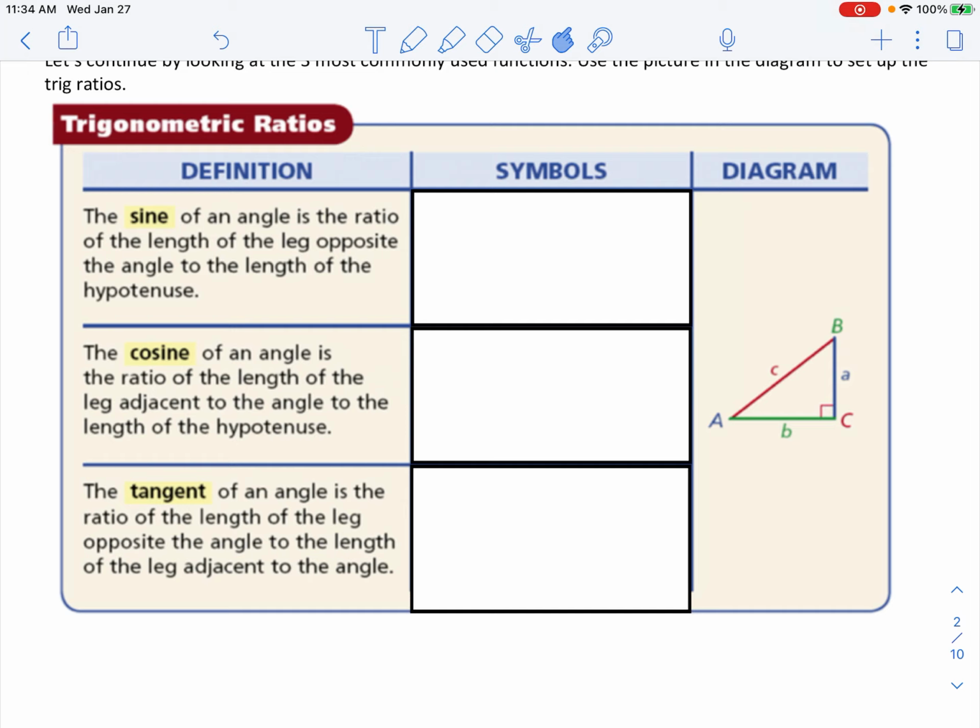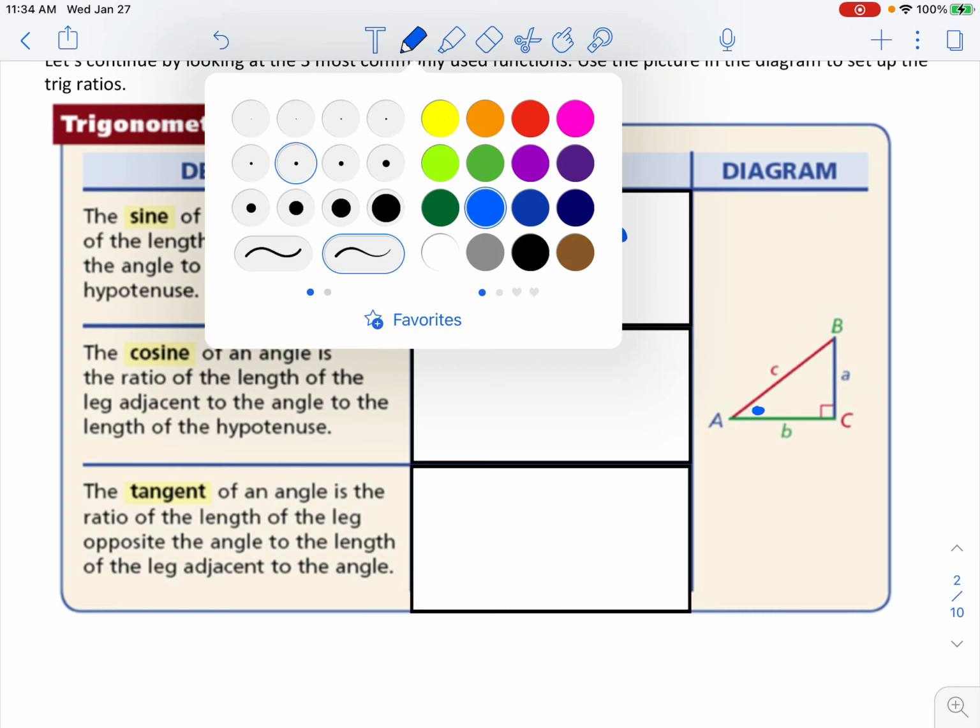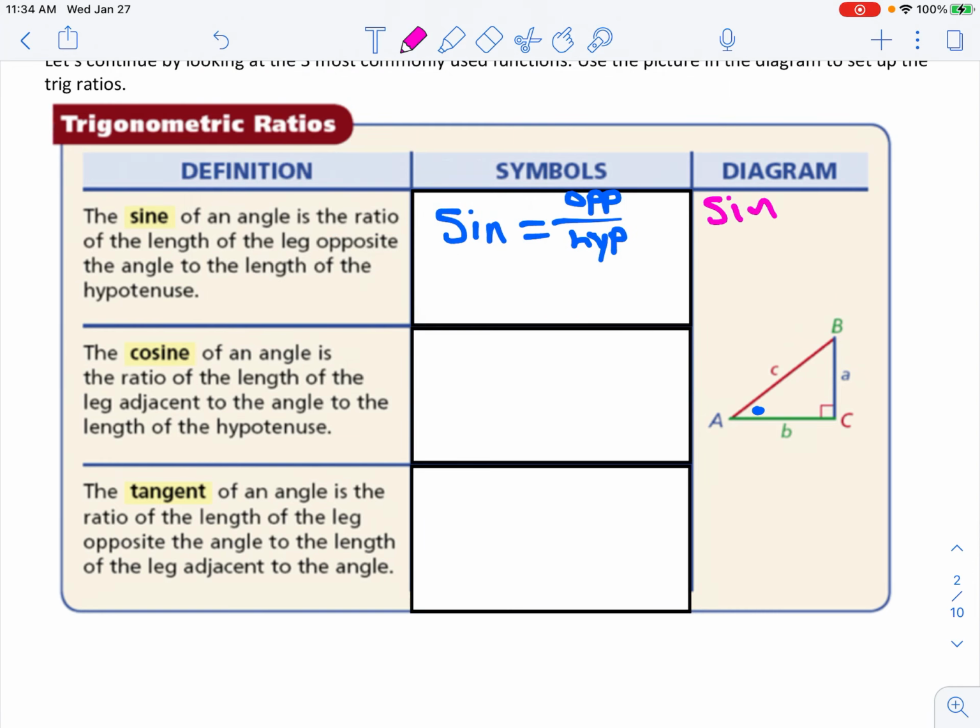Let's say we have angle A. Let's put a dot in our picture by angle A and say they want us to do everything based on angle A. The sine of an angle is the opposite side over the hypotenuse, so we think of sine as O over H. O stands for opposite, H stands for hypotenuse.